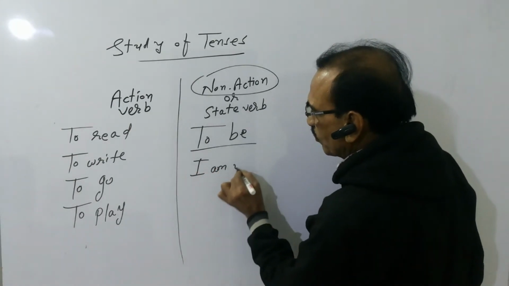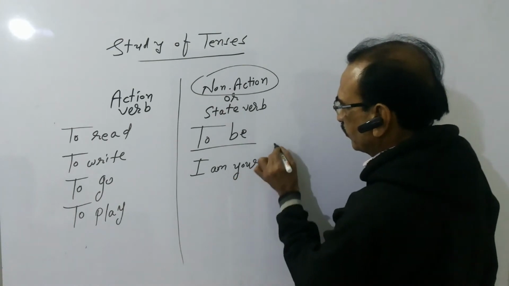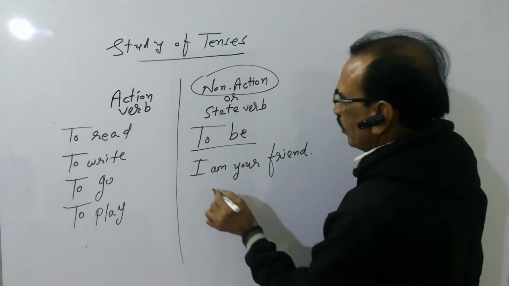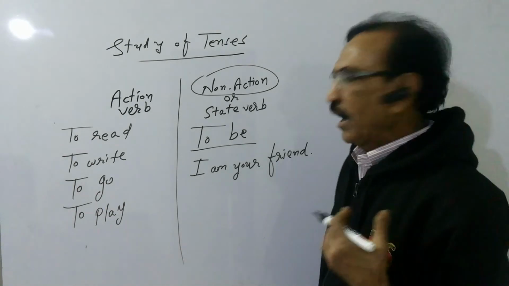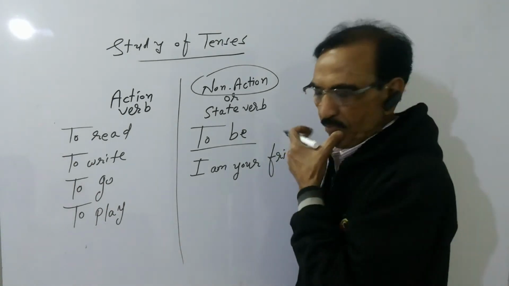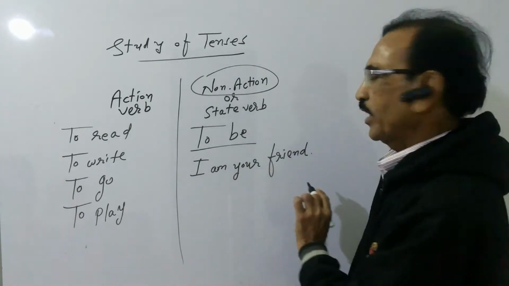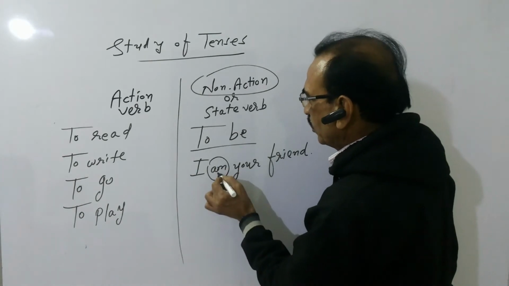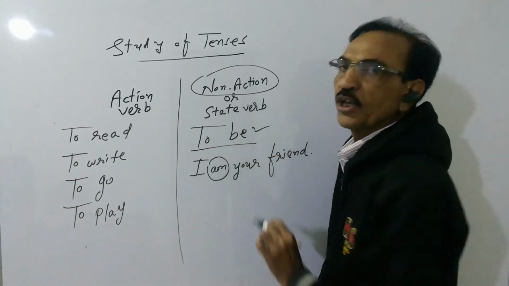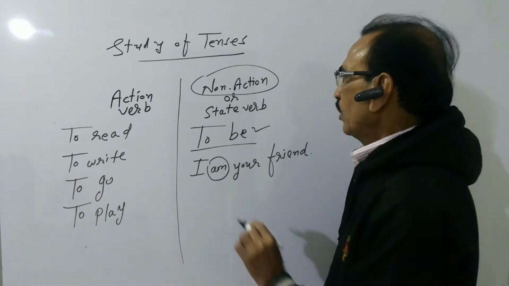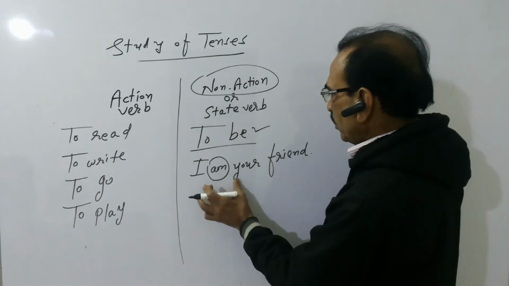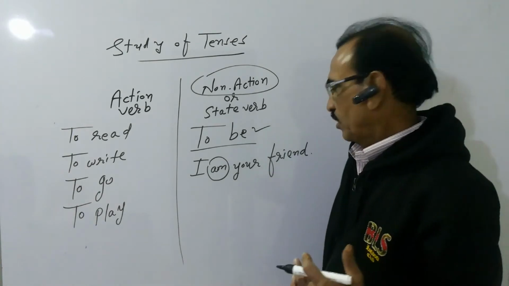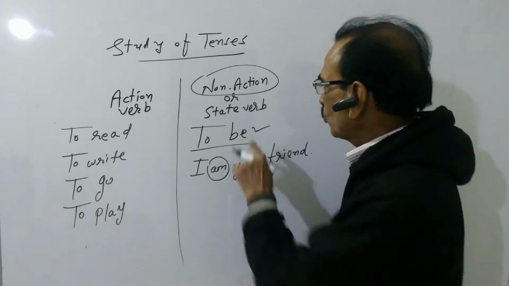I am your friend. Here I am simply saying that I am your friend. This am, is, are: am is the present tense form of to be. Here no action is there. The state of being is conveyed through this verb to be.